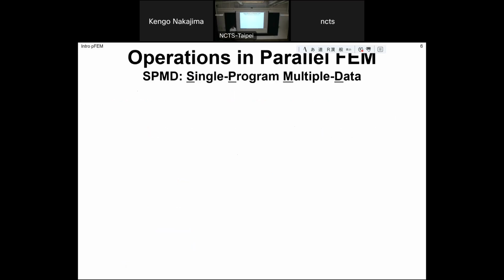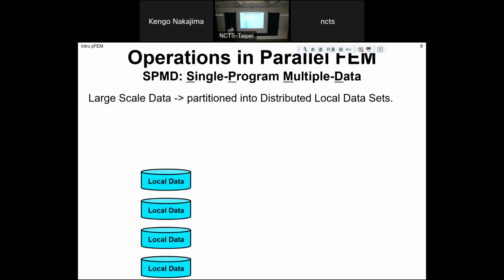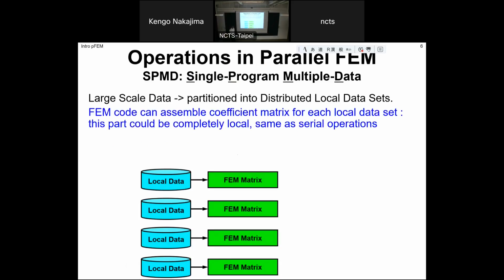Okay, so the next page shows operations in the finite element method for parallel applications based on SPMD. SPMD stands for single program, multiple data. The large-scale data is partitioned into distributed local data sets like this, local meshes, and the finite element code can assemble the coefficient matrix for each local data set.